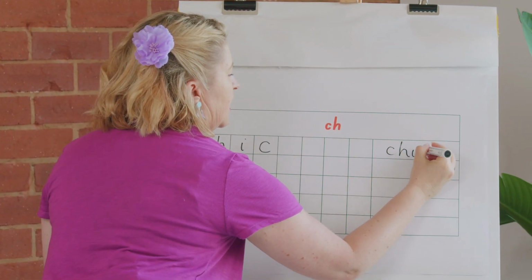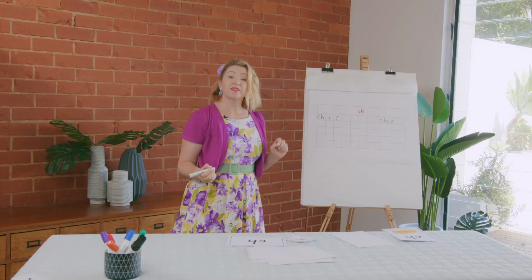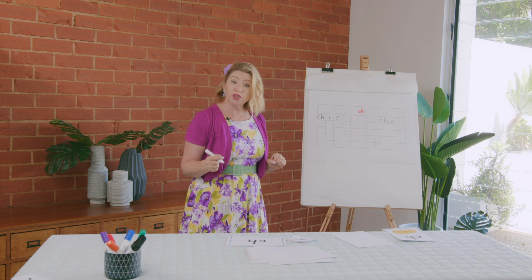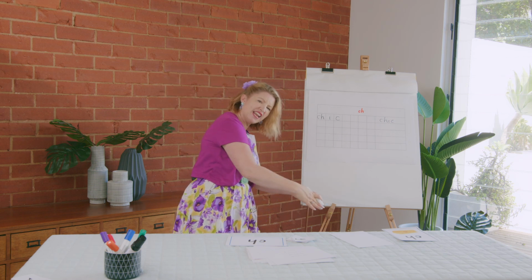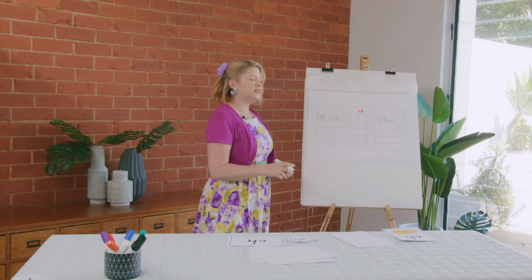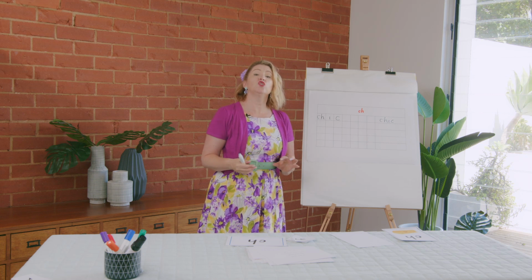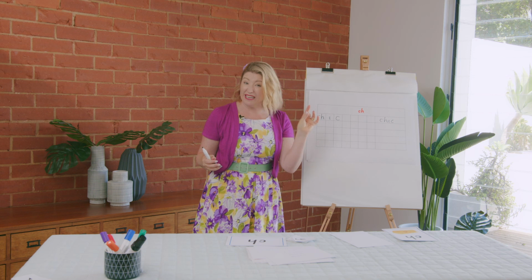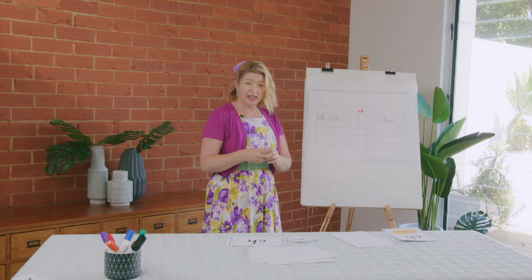Sh, eek, chic. Our next word is chute. Remember that passage that we can slide down like the slippery dip? Chute. Tap and say the sounds in chute. Sh, oo, t. The oo is a split vowel. Okay, ready?